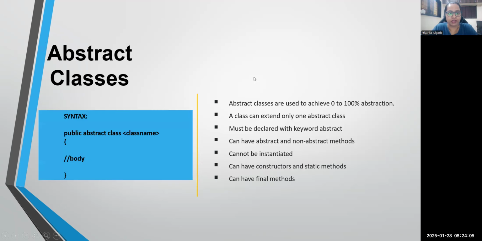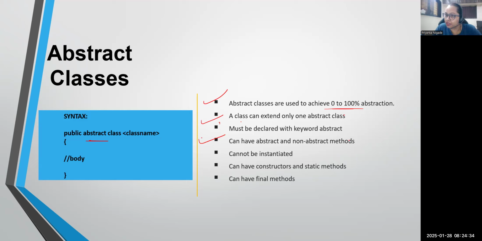Now let me show you a few things. Okay, so you can see the class which is declared with the abstract keyword becomes an abstract class. Abstract class will help you achieve partial abstraction, that can be in between 0 to 100%, depending on the scenario, but not fully 100%. I will say you will be able to achieve it in between the range. A class can extend another class, or a child class can extend an abstract class.